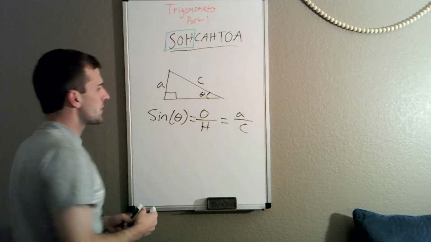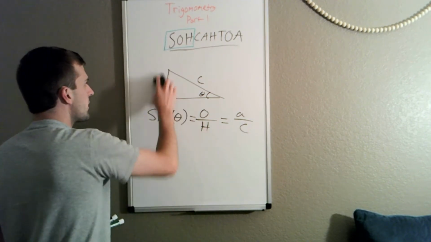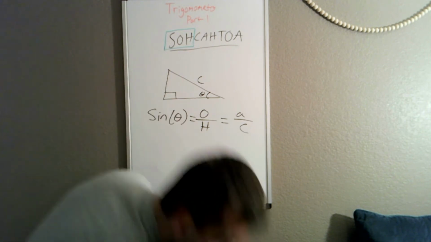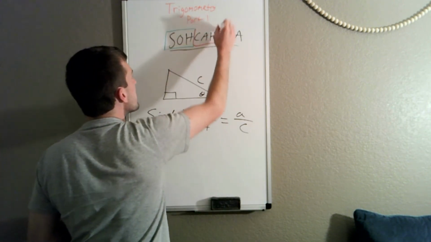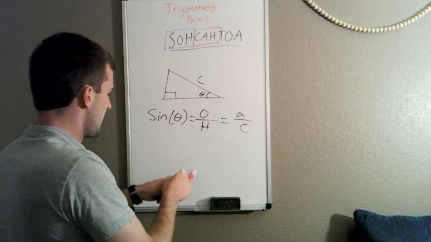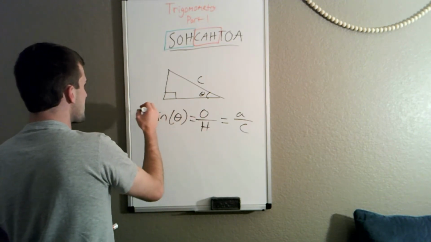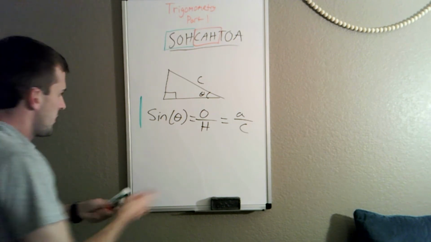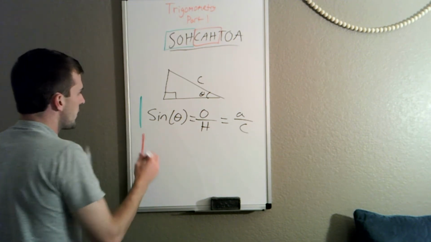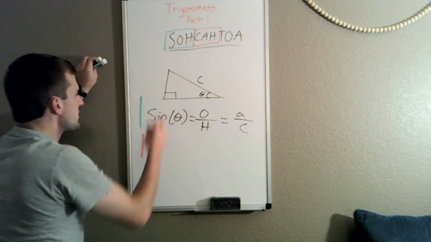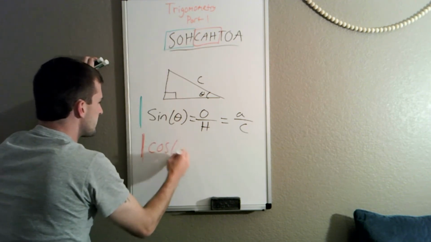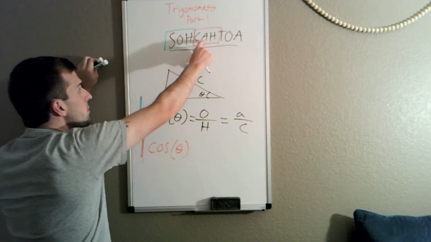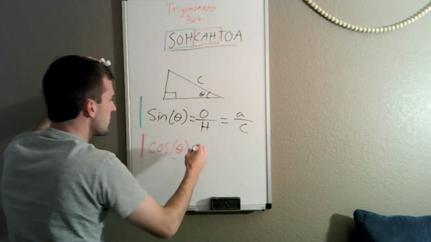Cah and toa are very similar. I'll use different colors. We'll use red for cah, and green for soh. So for cah, the C is going to stand for cosine of theta, and the ratio this time is going to be the adjacent side over the hypotenuse.